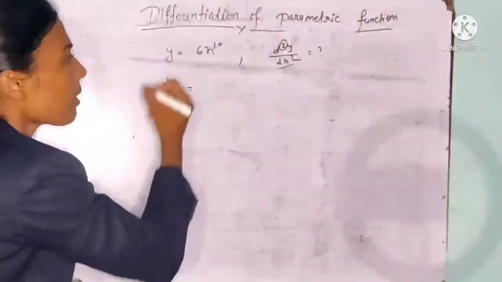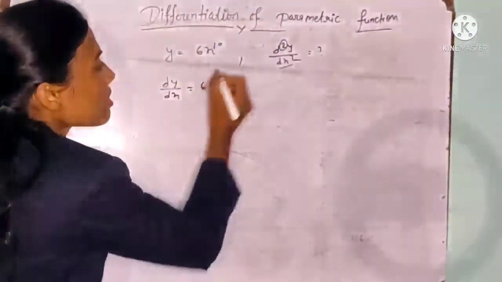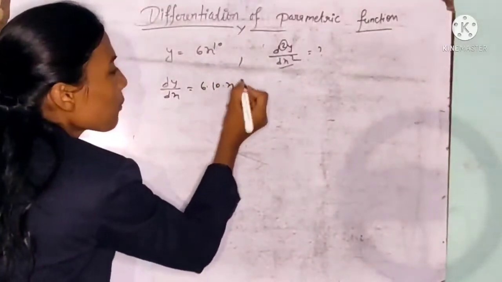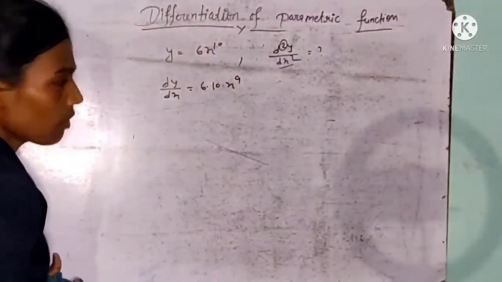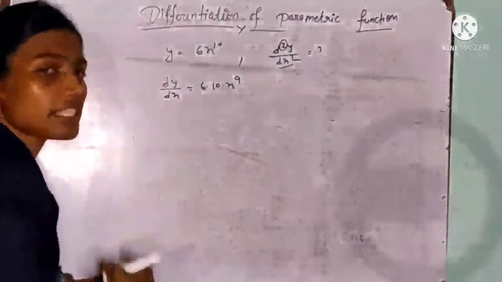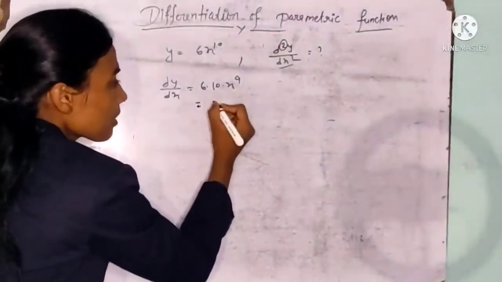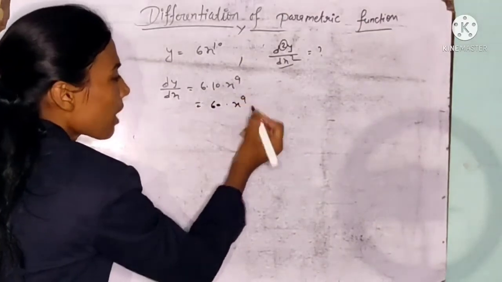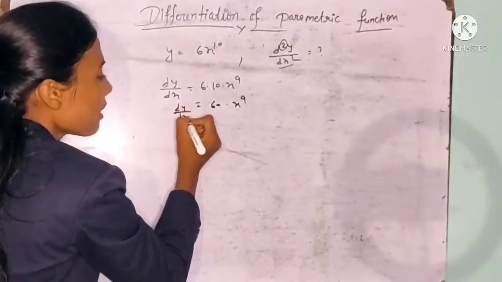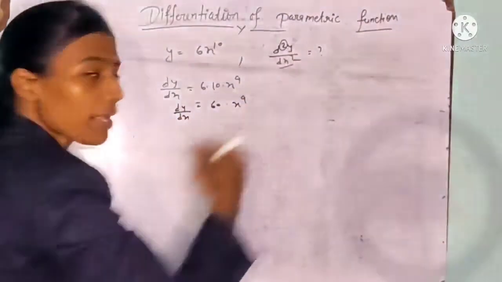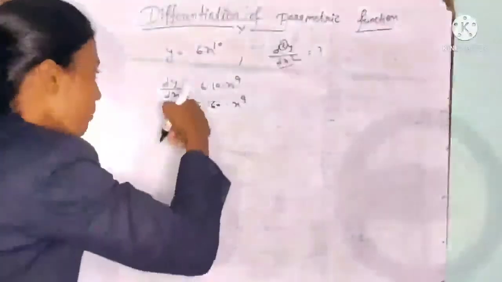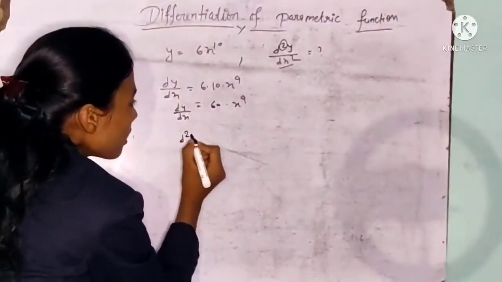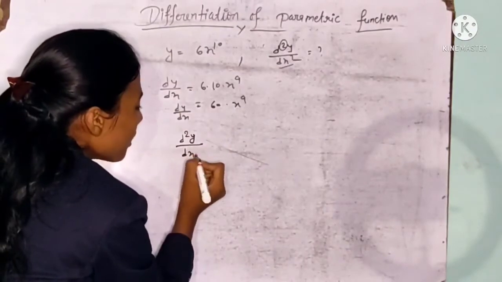So what is dy by dx? 6 is our constant, x to the power n, so 10 into x to the power n minus 1. Finally we get 6 into 10, 60 into x to the power 9. So this is dy by dx, but we need to find d2y by dx square. Again we differentiate these functions, then we get d2y by dx square.